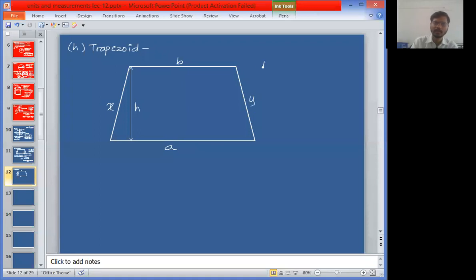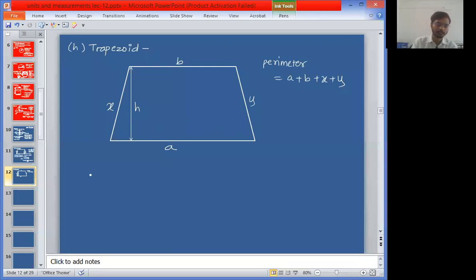And now you can say perimeter is equal to a plus x plus b plus y, a plus b plus x plus y.